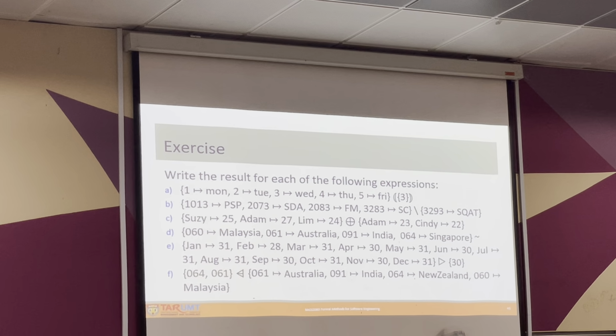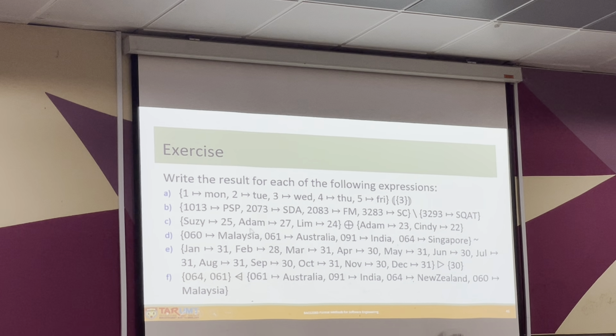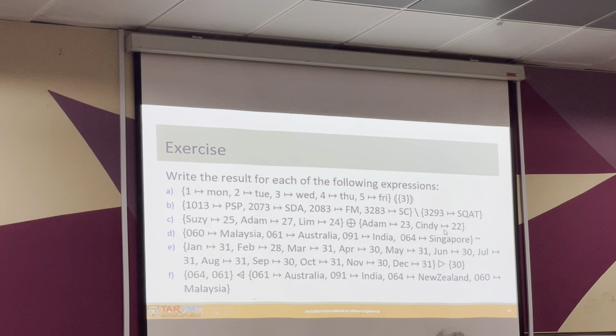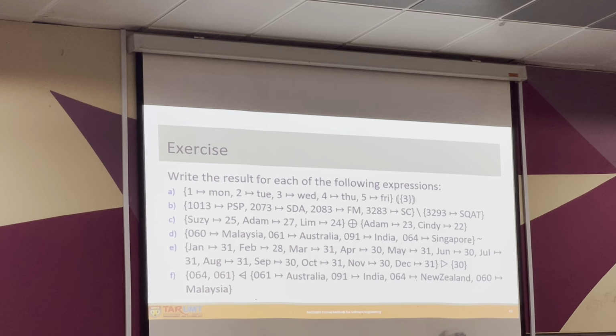So you have 4 answers: Susie 25, Adam 23, Lim 24, and then you added Cindy 22. So this is the one that I told you: if something like this, the new data that does not exist will be added into your record.